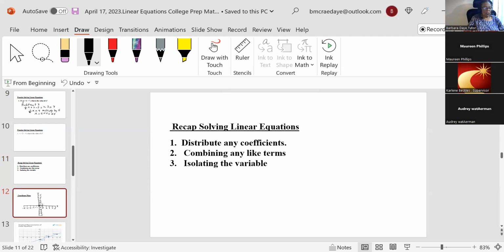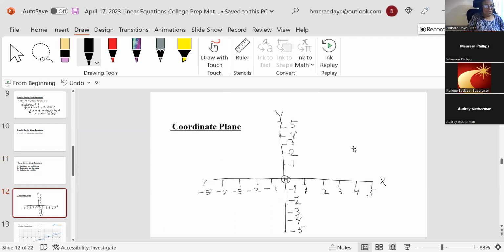Okay, all right. Now this is a coordinate plane, and I put it here because we will be looking at some of this later. For a coordinate plane, x is horizontal and y is vertical.